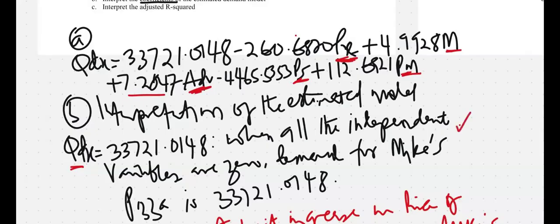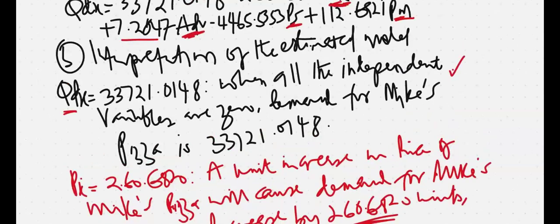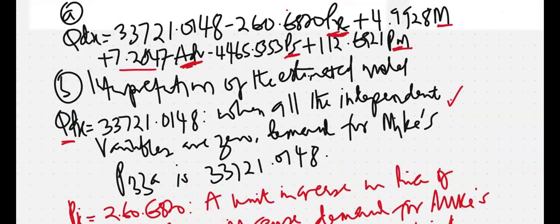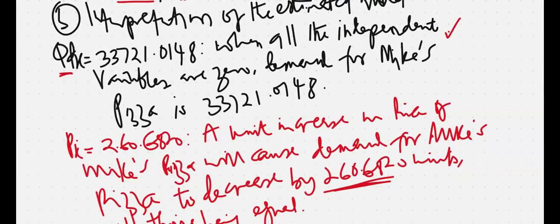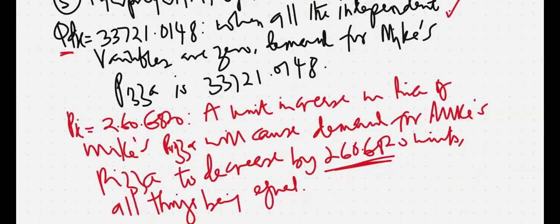We move on to the interpretation for the PX. Looking at the demand equation we wrote, what is the coefficient of the PX? It's negative 260.6820. We've written over here the coefficient, but the negative wasn't introduced. You can choose to bring the negative, which is correct, or choose not to bring it.